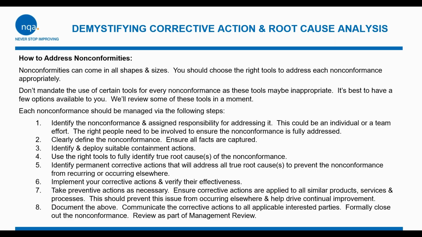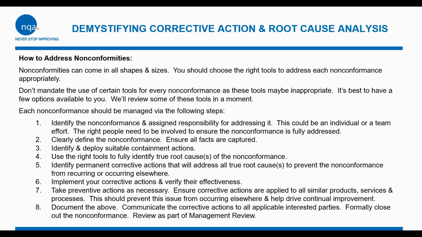Identify permanent corrective actions that will address all the true root causes to prevent the non-conformance from recurring or occurring elsewhere. Implement your corrective actions, and you must verify their effectiveness. If they're not effective, you need to go back to the beginning and start again.